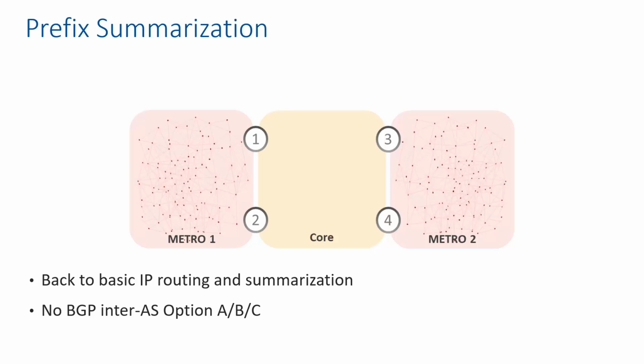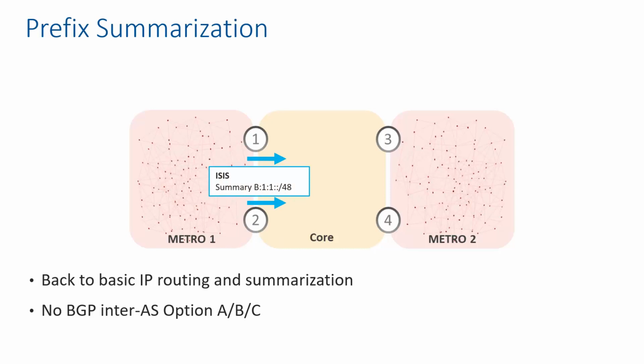In SRv6, all of this is deleted, forgotten, no more. Why? We get back to pure IP. And so if in Metro number 1 I have hundreds of thousands of /64 locators because I have hundreds of thousands of routers that are SRv6 capable, I only advertise a single summary to my core.